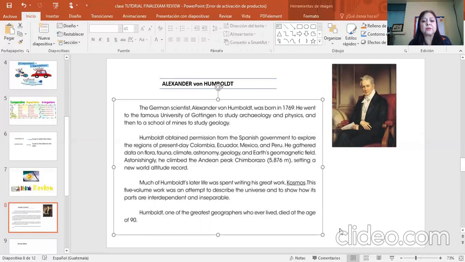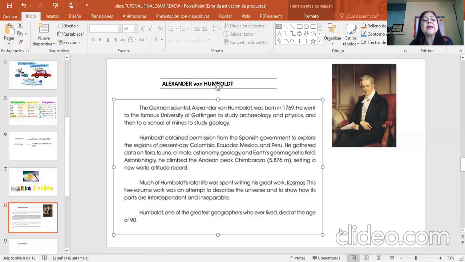So this is very important for you. You may underline, he climbed the Andean peak Chimborazo, because this is very important information in this paragraph. Much of Humboldt's later life was spent writing his great work, Cosmos. Cosmos is the name of the book that he spent his life writing. So we can underline that, very important for you to remember.